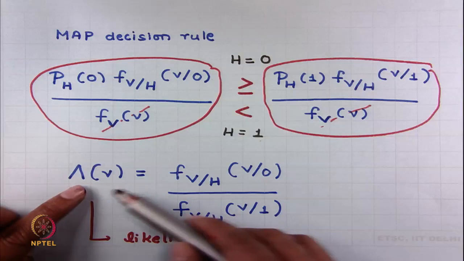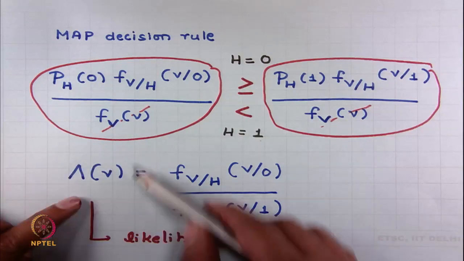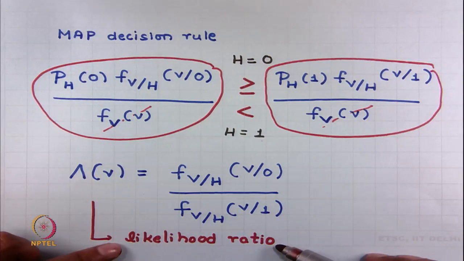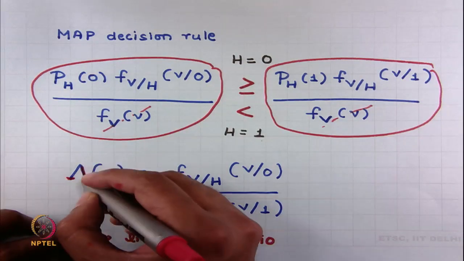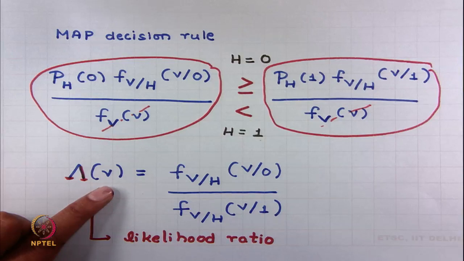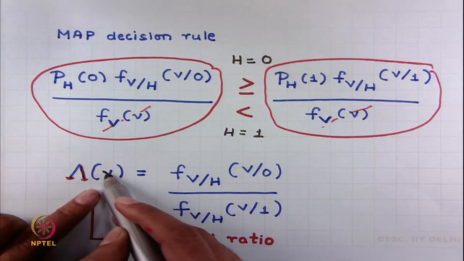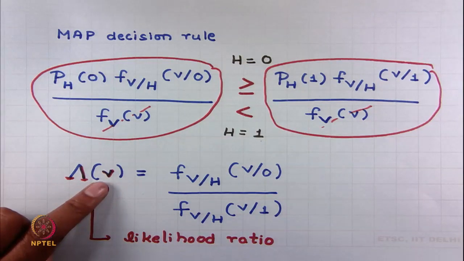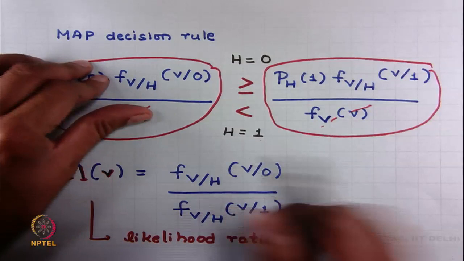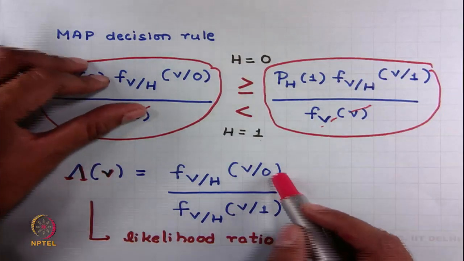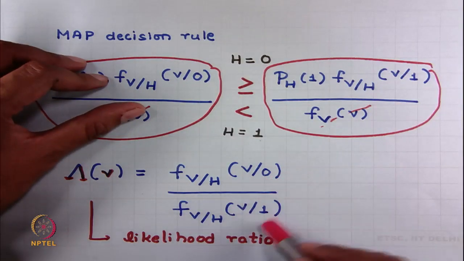So, based on this we can define a very popular ratio known as likelihood ratio, and the notation we use for likelihood ratio is this. This is the likelihood ratio given that you have observed a numerical value of random variable v as a small v, and this is the likelihood for hypothesis 0 divided by likelihood of hypothesis 1.